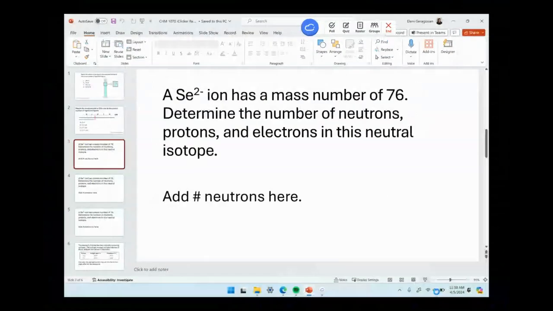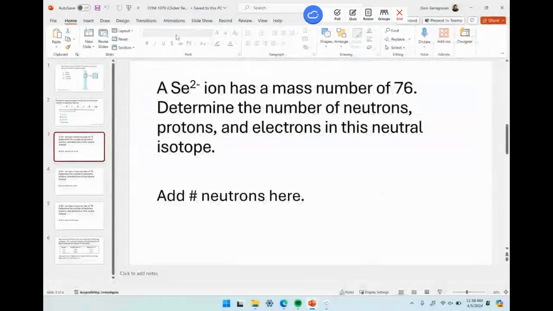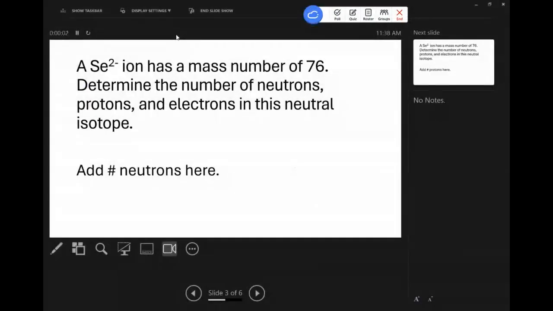Okay, so let's talk about this one that you did at the end of class. We have a selenium ion with a 2- charge, mass number of 76, and we need to determine neutrons, protons, and electrons in this. Oh, that shouldn't have said neutral. In this isotope, it is not neutral. Okay, so mass number 76, what does that tell us?